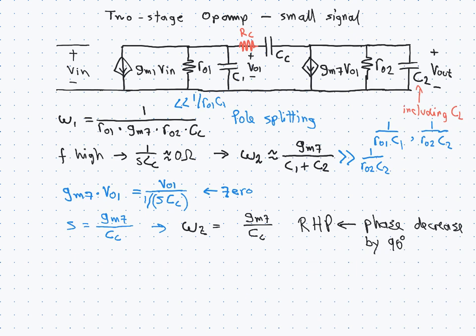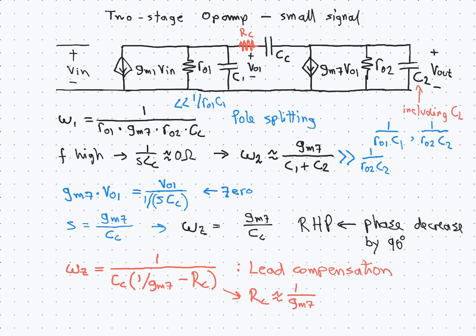And if we do that and repeat the same process, we will find that we have a zero which is given by this expression here. And we can see that by choosing the value of the resistor large enough, we can even move the zero into the left half plane, which is not a bad thing. This approach is called lead compensation. Now typically you choose the compensation resistor being equal to 1 divided by gm7, which means that the zero moves up onto infinite frequencies. And in so doing, it is not in the way any longer.